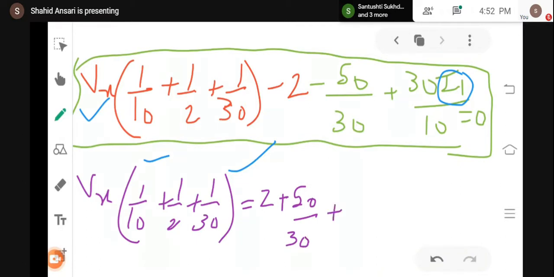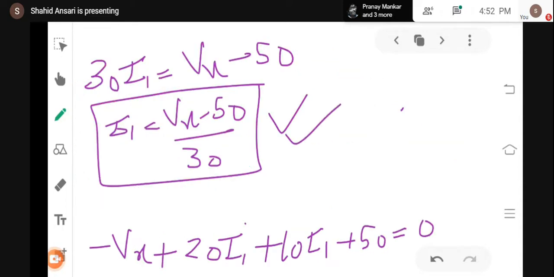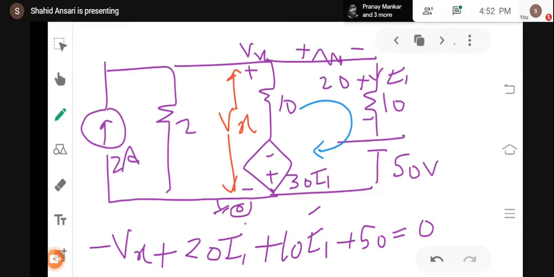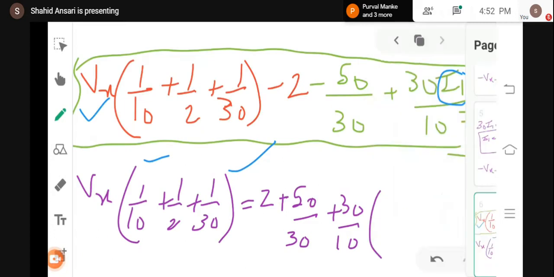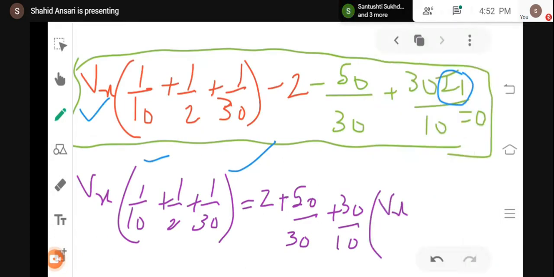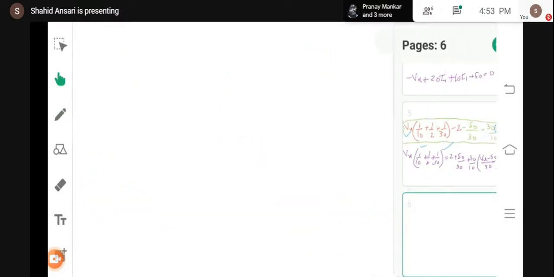I can simply shift it over here. Then 30 by 10. In place of I1, I can write which one? This equation. This one will become Vx minus 50 divided by 30. In this particular equation, we have only one unknown variable, which is Vx. We can solve it very easily. You can find out the value of Vx now.